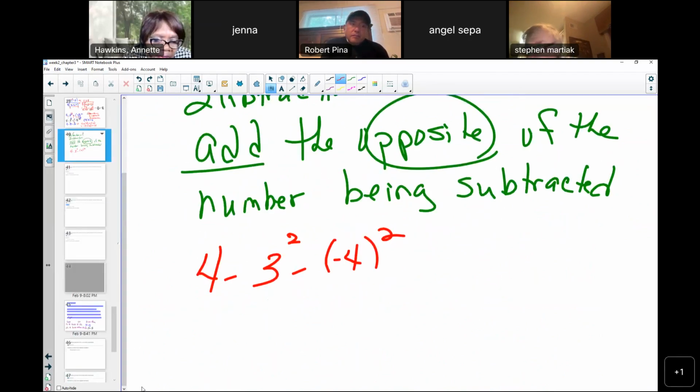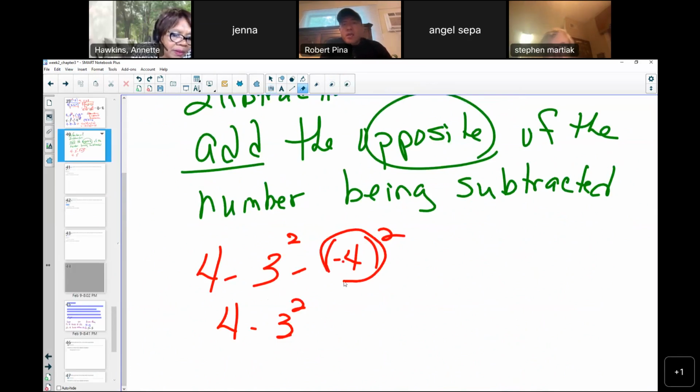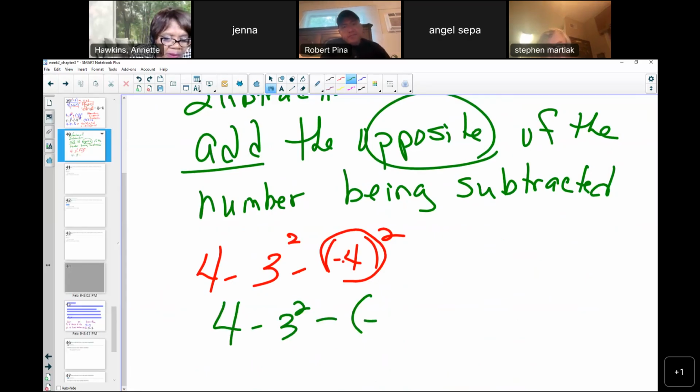Okay, this exponent is with this, so I can't take this through there. But if I had something like this, if it was just a regular parenthesis, we could take this through there.